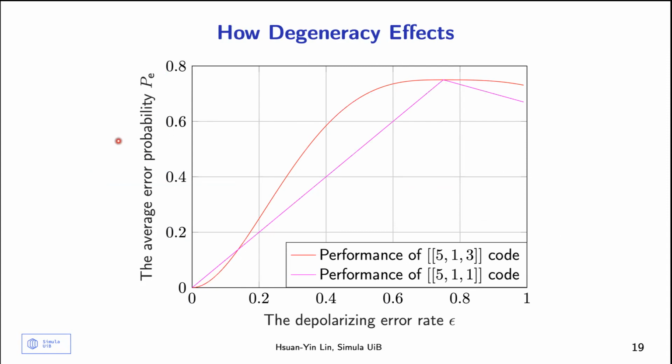How degeneracy can actually affect the quantum code we pick is that in classical thinking, we would believe, okay, the distance 3 code in the [[5,1]] setting, this means 5 qubits and 1 dimension, is better than the smaller distance codes. But if you really compute the average error probability with this degeneracy, you will see that actually this code is only good in a very certain range.